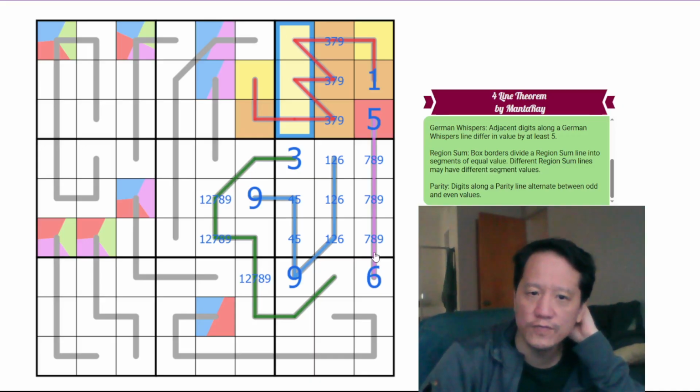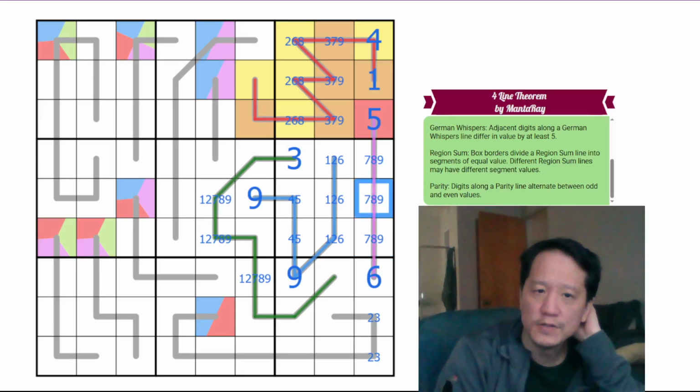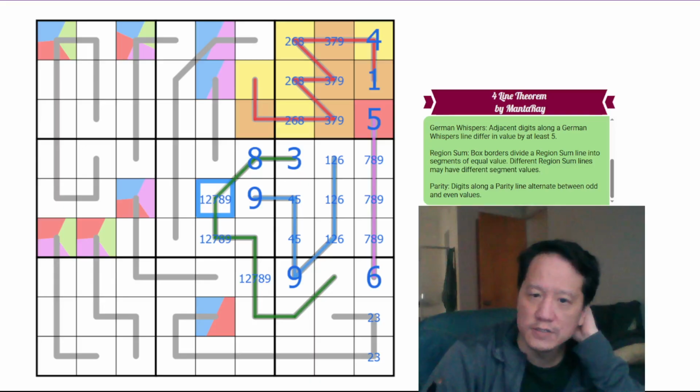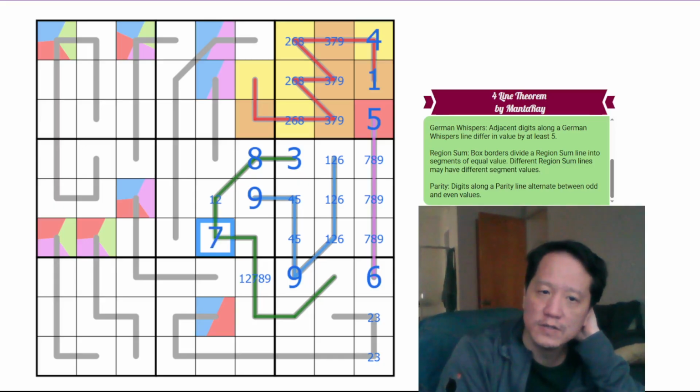Which makes these even. So it's 2, it can't be 4, so it's 2, 6, 8, which forces this to be 4. So we have 4. This is 2, 3 as a pair. This is 3, which forces this to be 8, which means this can't be 7, 8, or 9. It's 1 or 2 next to 7.